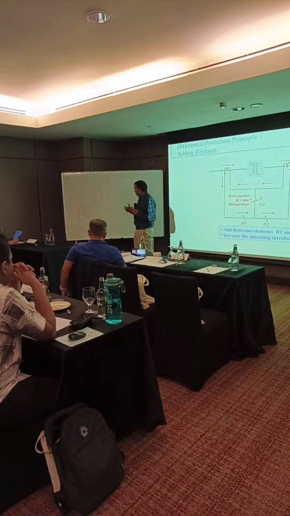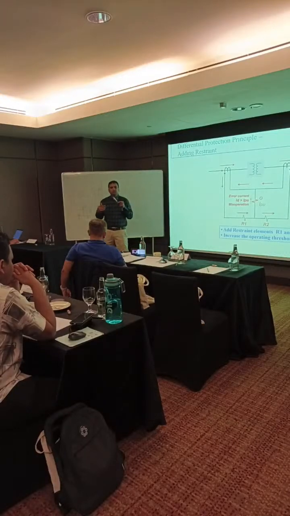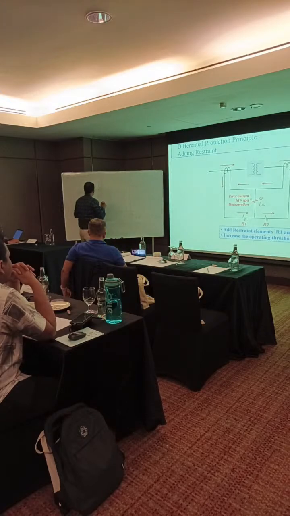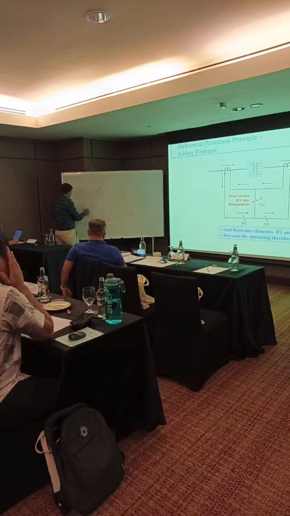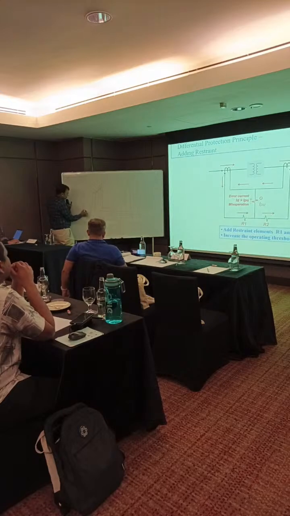So we will inject the current from both sides, maybe full load current, and we increase one side. When we increase here, then what will happen due to unbalance? This differential current will keep on increasing.